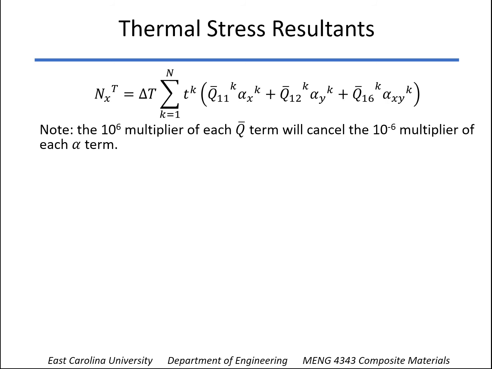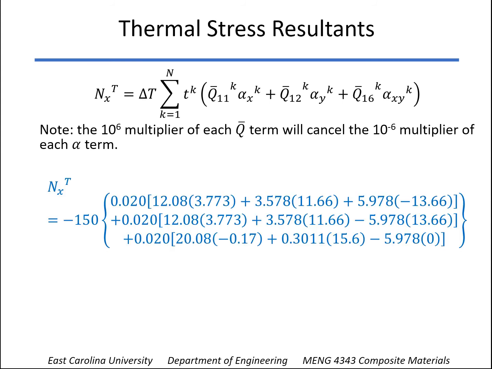Now the numbers work out a little easier here. Instead of having to write out the 10 to the 6th and 10 to the minus 6, the Q-bar matrix values are usually written in millions, so 10 to the 6. The alphas were 10 to the minus 6, so those will cancel each other out in all of the terms, and so I can write it a little more compactly because of that.